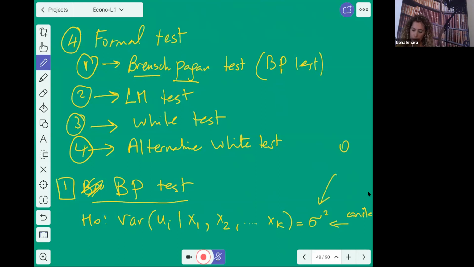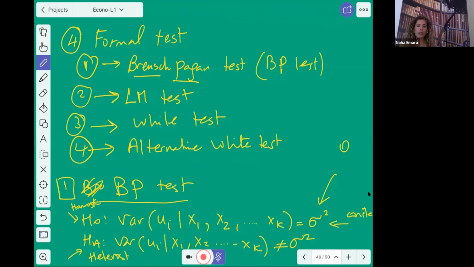And the alternative is that the variance of ui given x1, x2, all the way to xk is not constant, okay? So as you can see, this null is about homoskedasticity and this alternative is heteroskedasticity.